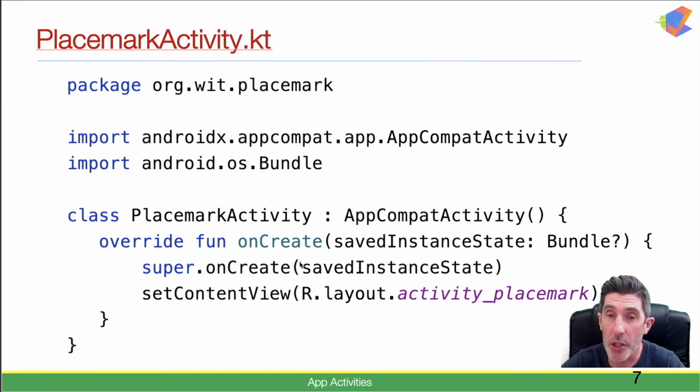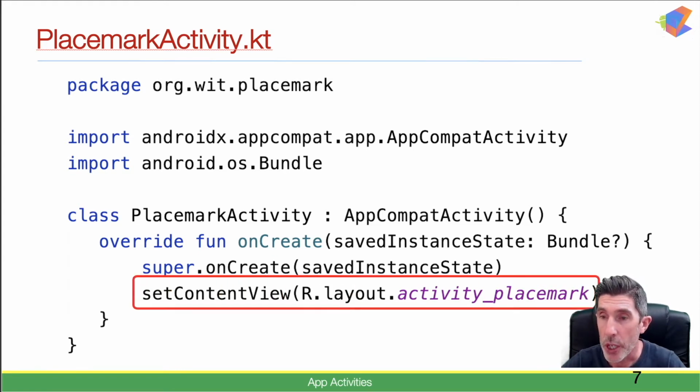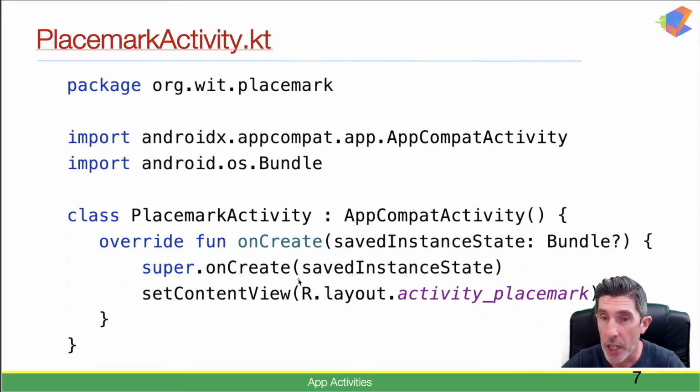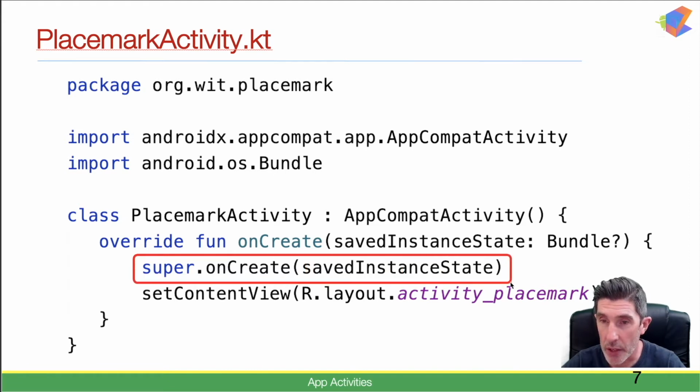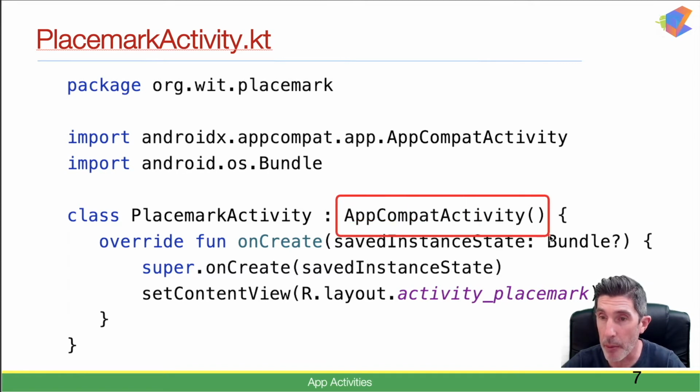But all we want to do here is a call to setContentView, which identifies R.layout.activity_placemark. This is what we get by default. So when our application launches, this placemark activity will be kicked off, and in turn it will tie into the lifecycle. We call the superclass onCreate within the lifecycle, which is tied back to that class hierarchy inside the AppCompatActivity.